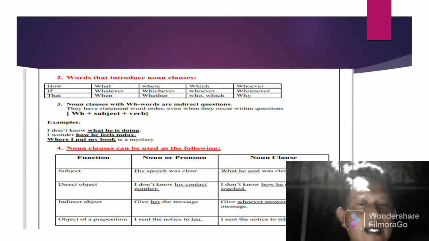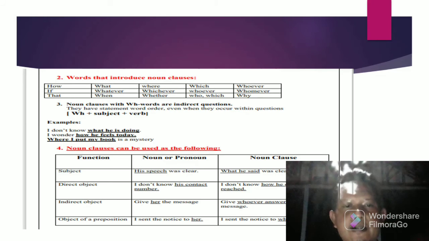A noun clause can be used as the following. As a subject: his speech was clear. This is a noun or pronoun, while in the noun clause: what he said was clear. Then, as a direct object: I don't know his contact number.